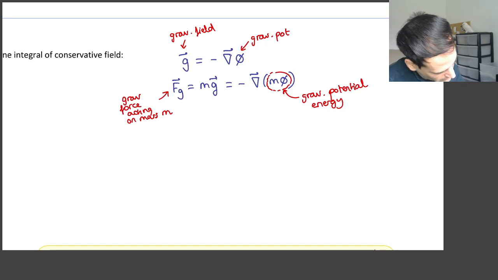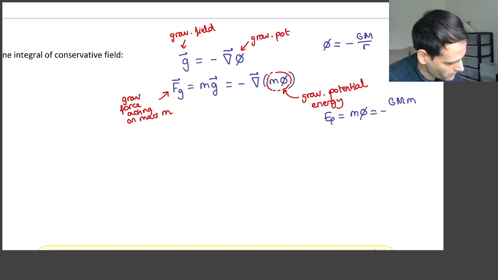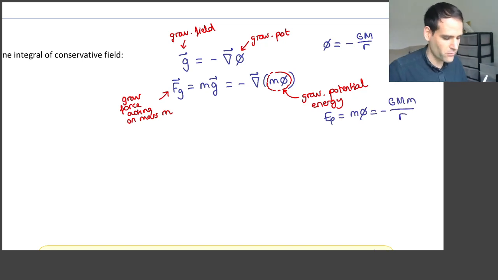So if the gravitational potential of a mass was minus G M divided by r, the gravitational potential energy is equal to m times phi, which is minus G M little m divided by r. Right? We just have to multiply.